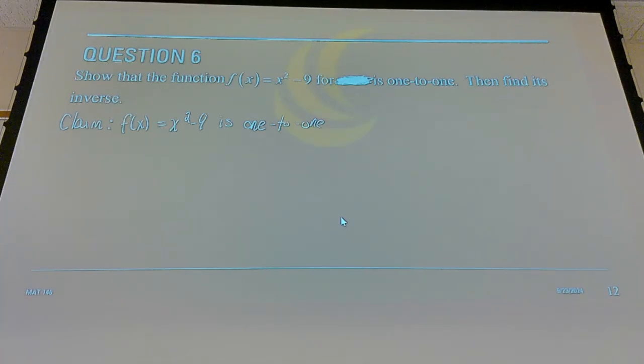So this is how you would disprove a statement, by the way. You provide a counterexample. So what does the square do? Let x be plus or minus. Let x1 be -1, let x2 be +1.